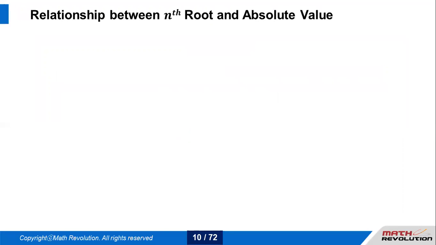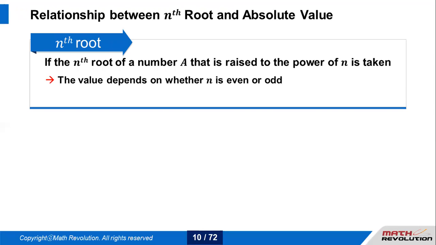This is one of the most important properties and most helpful relations throughout absolute value applications: how the nth root and absolute values are equated to each other. If there is a number a, and I take the nth root of that number, and that number is also raised to the power n, then I have to see just one thing: whether that power n is even or odd.